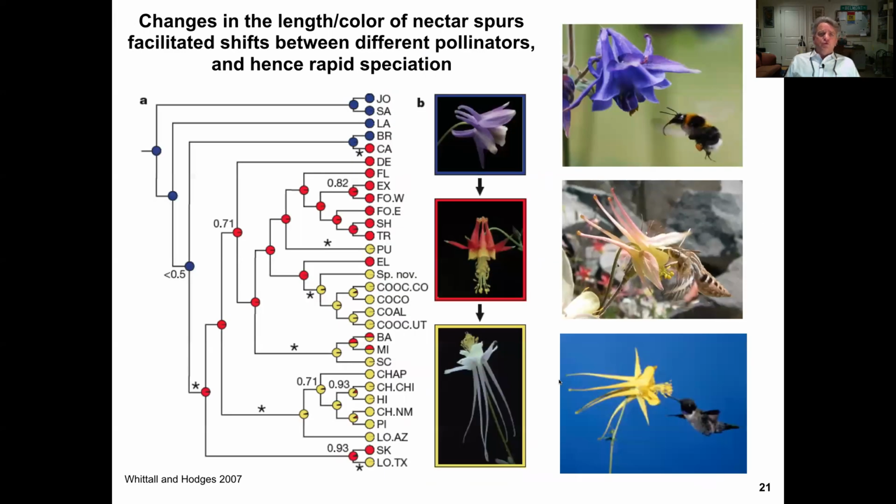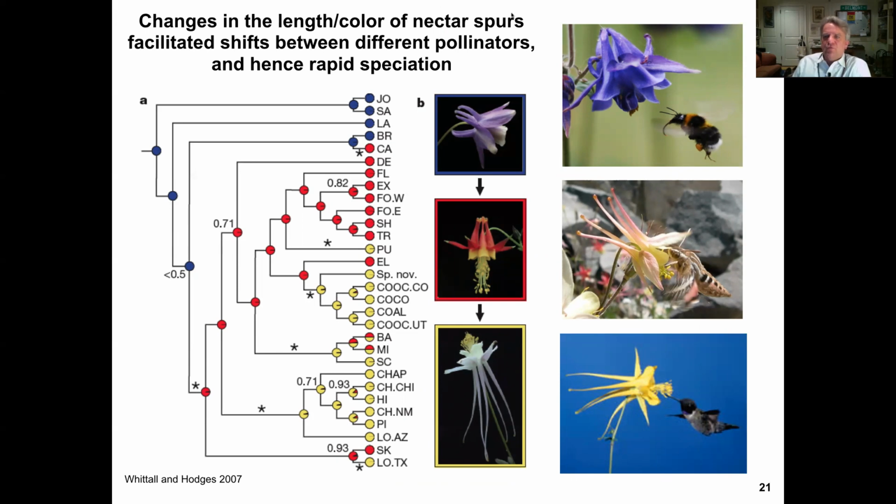And this is shown if we look at the columbine phylogeny in a slightly different way, and changes in the length and the color of the nectar spur has facilitated shifts between different pollinators that is argued to have driven their rapid speciation.